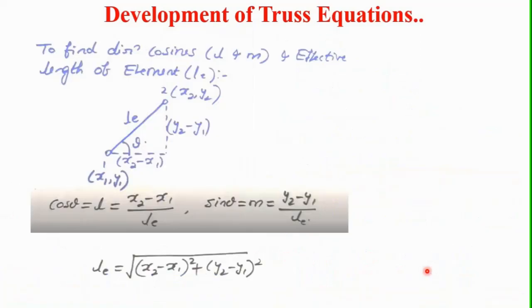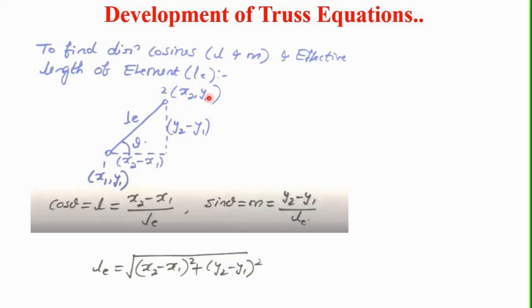Next we have to calculate the direction cosines l and m and the length of the bar element, LE. Here the angle is theta, the coordinates of the first node are x1 and y1 and of the second node are x2 and y2.